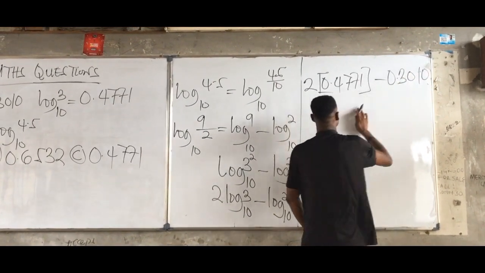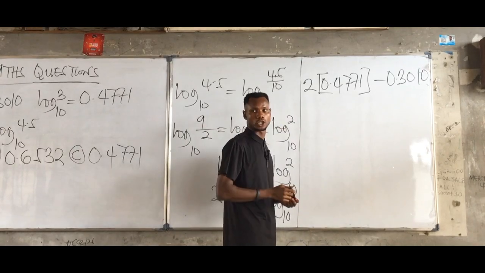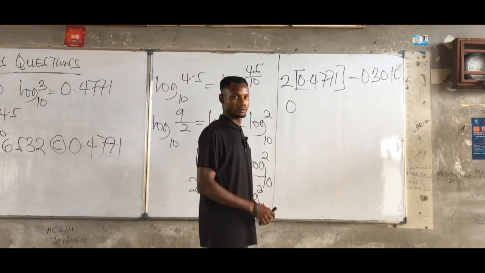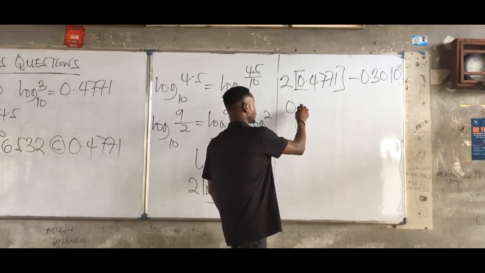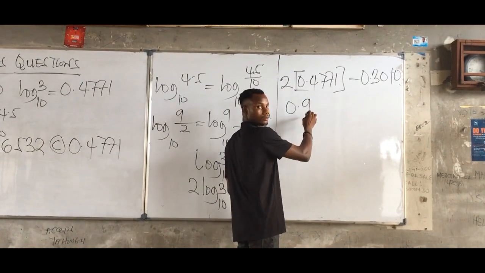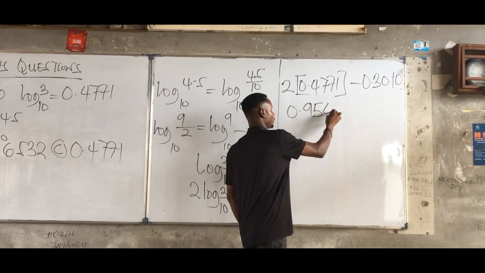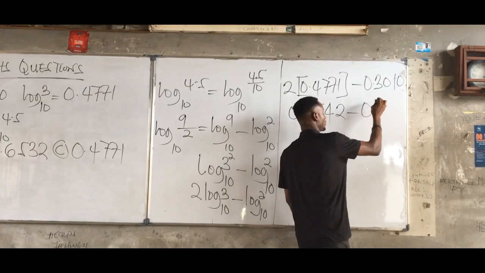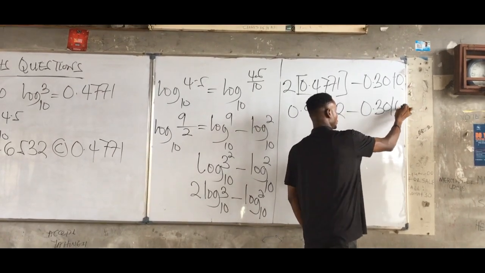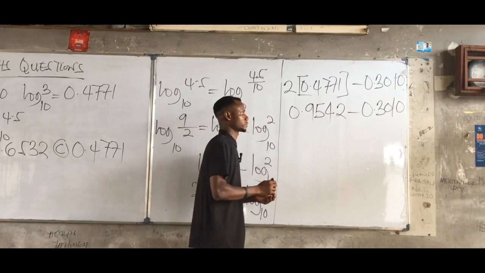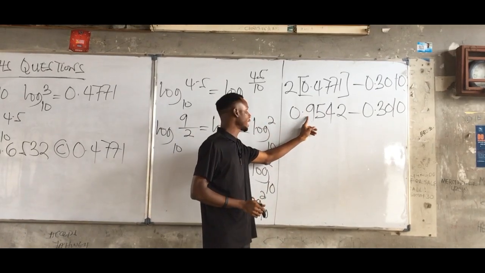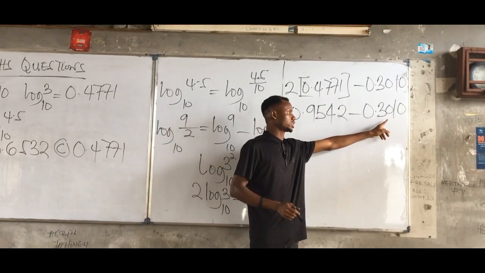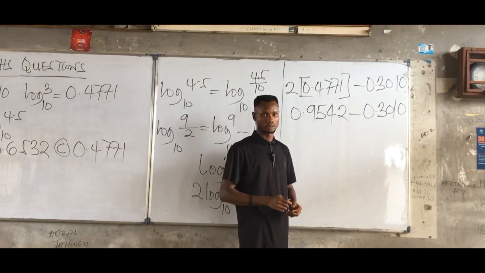Please take note of this. 2 times this guy, just punch your calculator. 2 times 0.4771 is 0.9542. Okay, minus 0.3010. Right. Now let's subtract here. 0.9542 minus 0.3010. What is the answer, please?